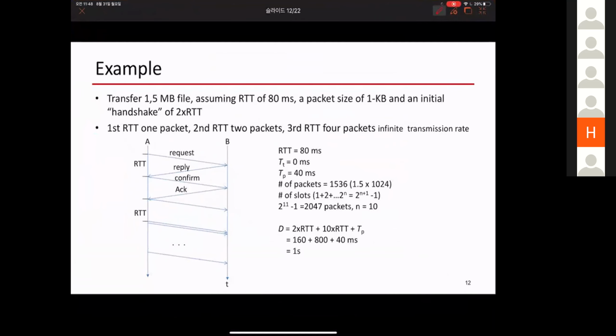Here I have to do 2 times RTT for the connection setup. I have to do 10 times RTT. Then the last one is TP.